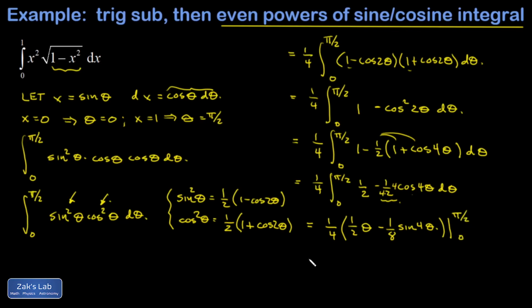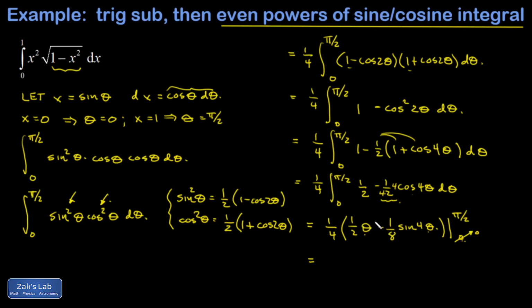It's very typical in these integrals that when you're evaluating the result, things get very simple. So I want to take a big picture view of it before I start to systematically plug in the limits of integration. And the first thing I'll look at is the lower limit. When I plug in 0 for theta, that first term is 0. When I plug in 0 for theta in the sine of 4 theta, that's the sine of 0, which is 0. So both terms vanish in the lower limit. And that's out of the picture. What about the upper limit when I plug in pi over 2?